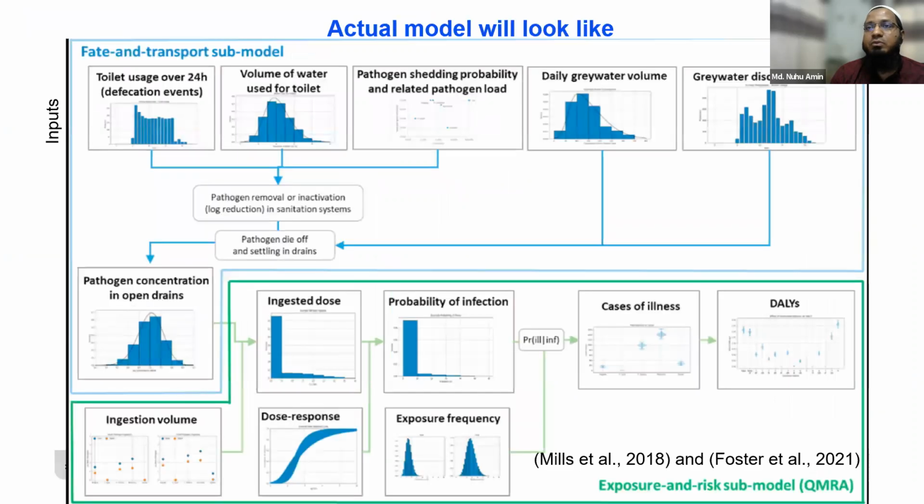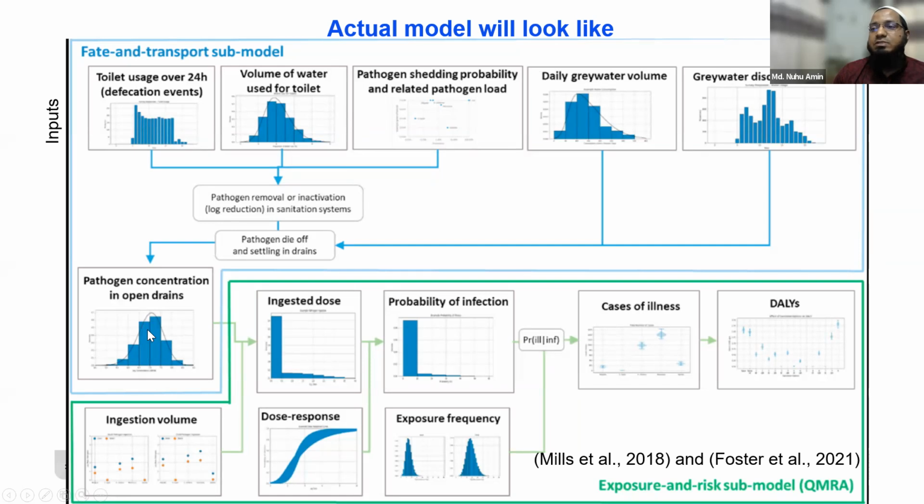So the final model will use different types of exposure information. This will be the number of toilet users from the hospitals in a certain time period, then the volume of water use for the toilets, or the volume of wastewater generated from the hospital, then pathogen shedding with the wastewater, and these will give the pathogen concentration.